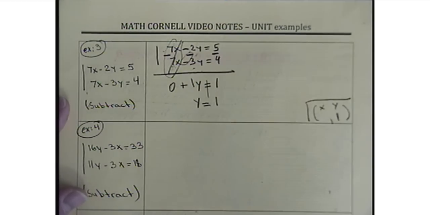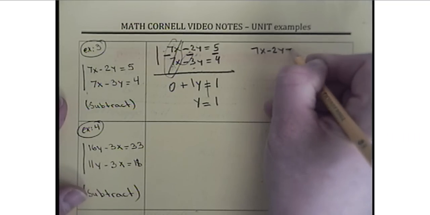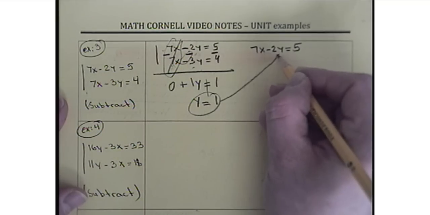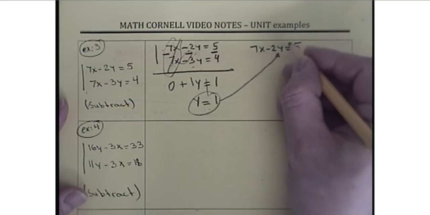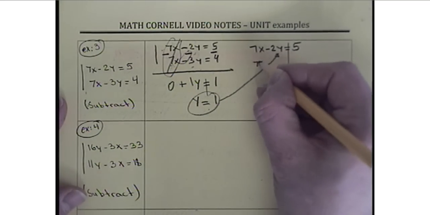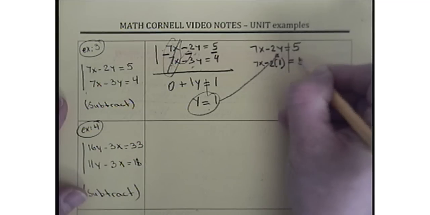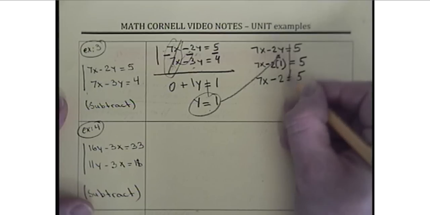Now we're going to pick the first equation, 7x minus 2y equals 5, and we'll substitute y up here with the number 1. So the equation now becomes 7x minus 2 times 1 equals 5. 7x, negative 2 times 1 is negative 2, equals 5. Then plus 2 on each side, 7x equals 7.